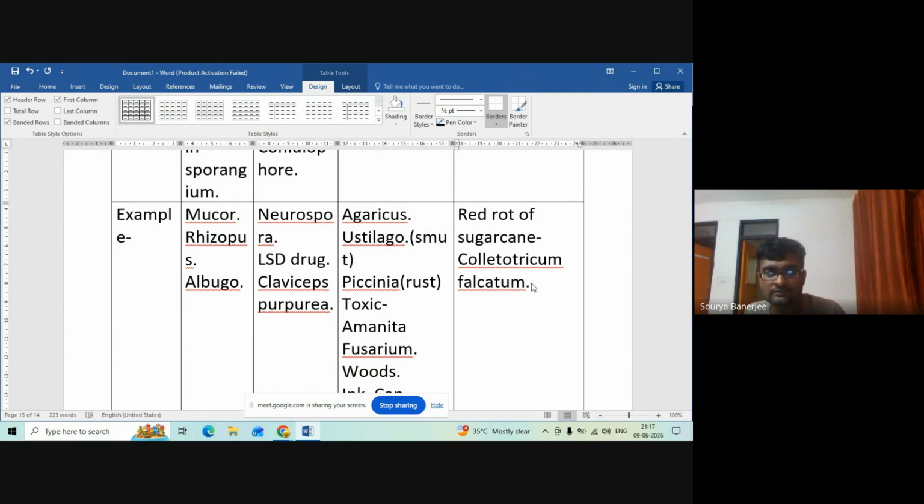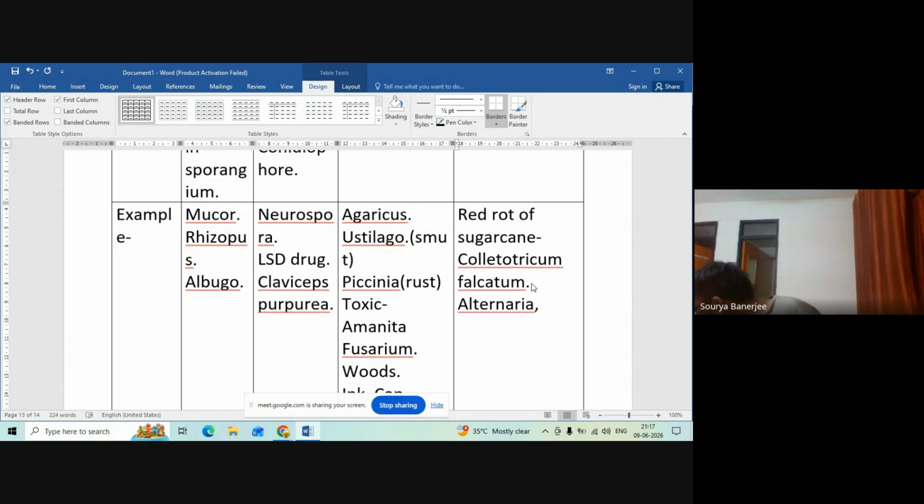The next two examples: red rot is created by Colletotrichum falcatum. The two other examples are Alternaria and Trichoderma. Almost over, please stay tuned.